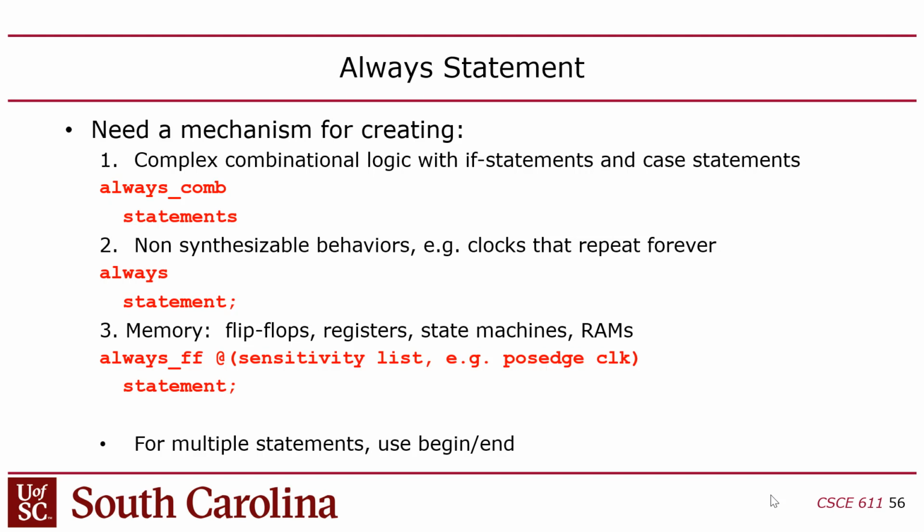There are a couple of problems with the assign statement. Number one, there's no way to have an assign statement that has memory. In other words, if you use an assign statement, it can only be combinational logic, meaning there's no memory, right? There's no way to store something in an assign statement, to grab it and hold it. For that, you have to use this always construct, right?